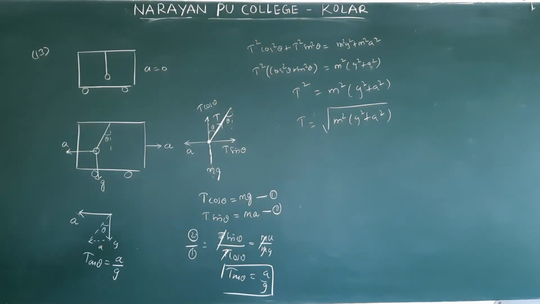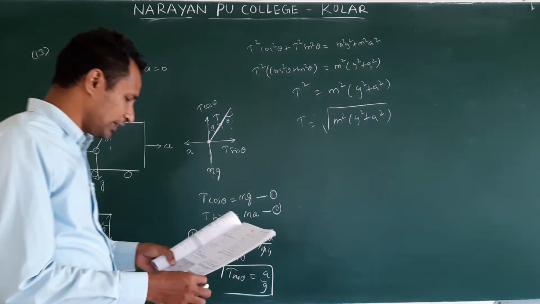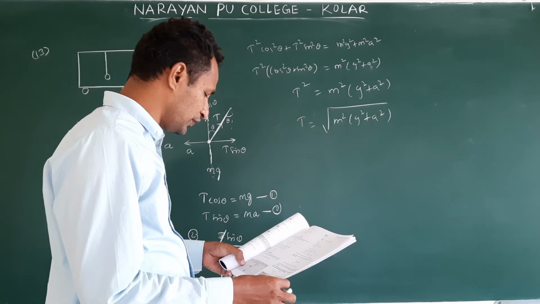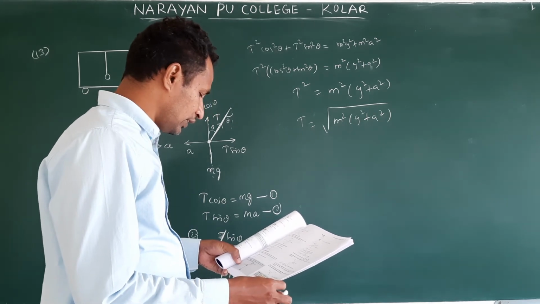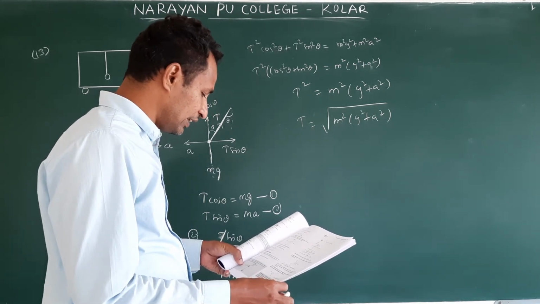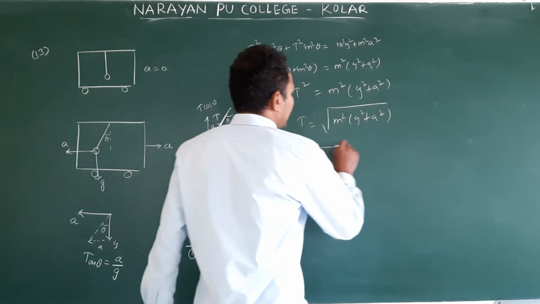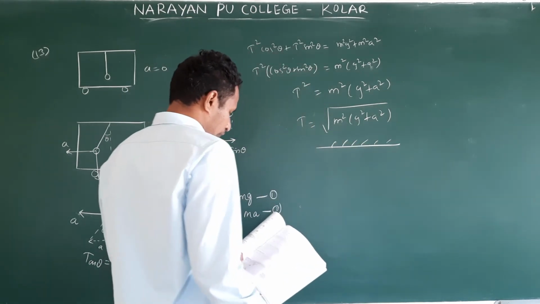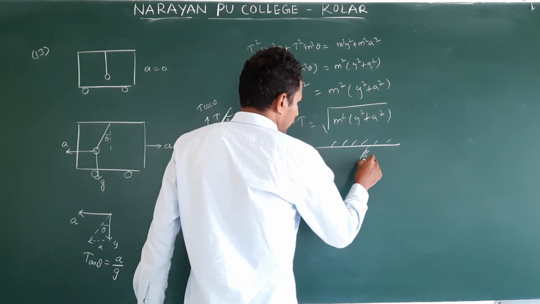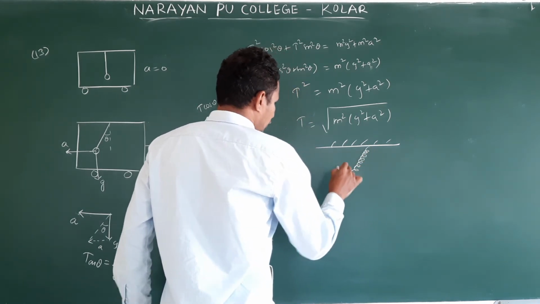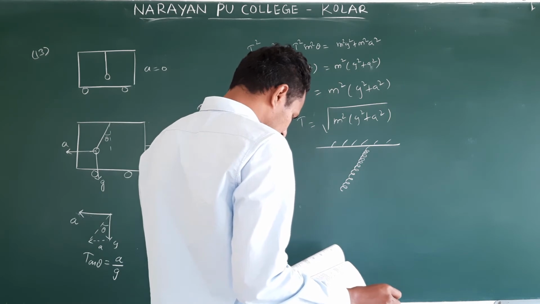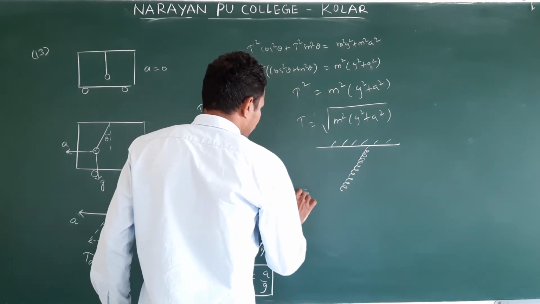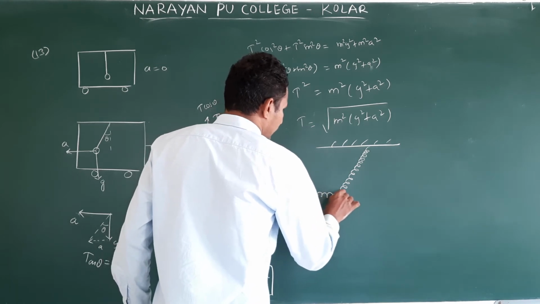A block of mass M is attached to a chain as shown in the diagram. Find the tension in each of the 3 chains. The ring and the chain are light. They are asking us to take chain and ring as massless.